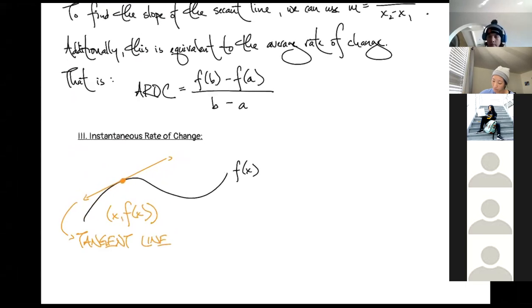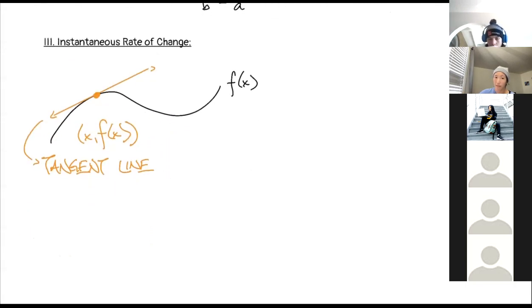So I'm going to take this picture and zoom in a little bit more. If I draw this part of the curve and I have my point (x, f of x), now check this out. I'm going to pick another point on the curve, so that it is really, really close to the orange point.